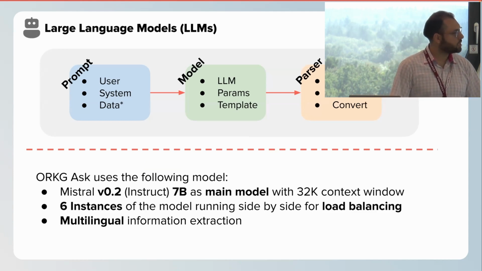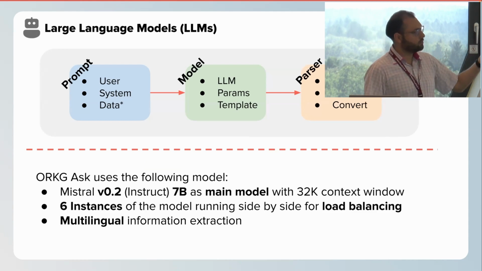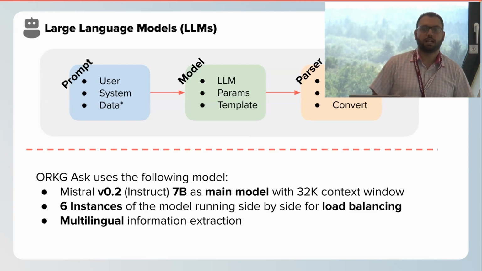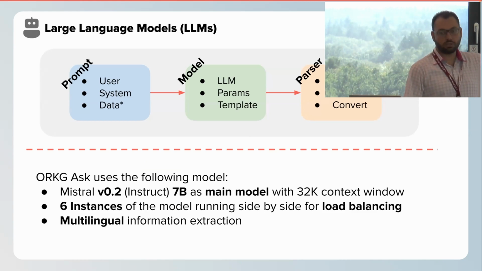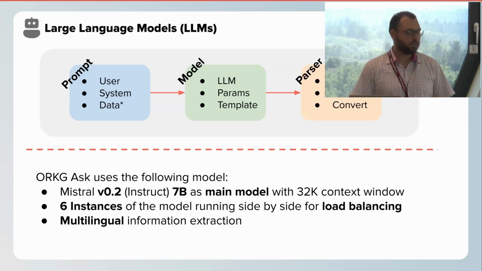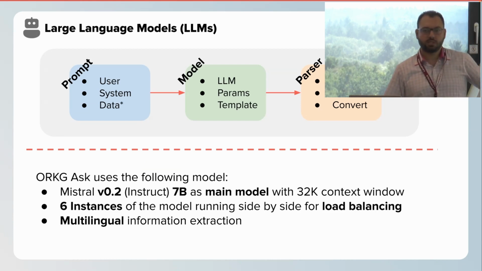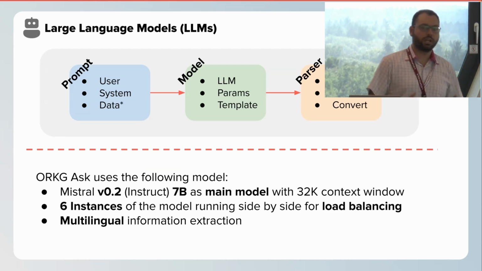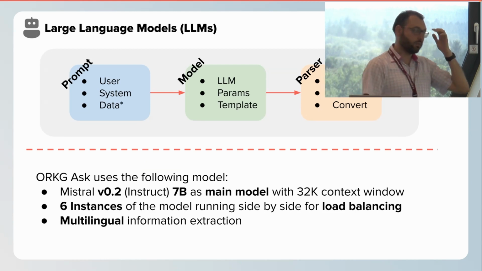The chains are prompts, models, and parsers. The prompt, again, everybody who has worked with an LLM knows what a prompt is. We have a user prompt. In certain cases, we have a system prompt that guides the model into certain criteria. We might have data that's injected into the system prompt, so you might want to say, okay, only answer from this document or summarize this document.